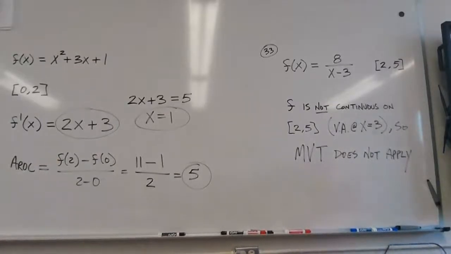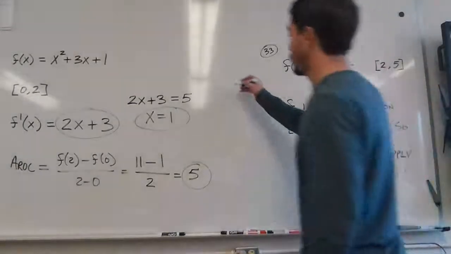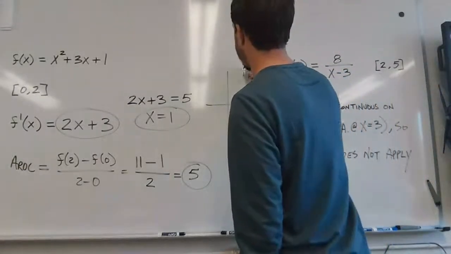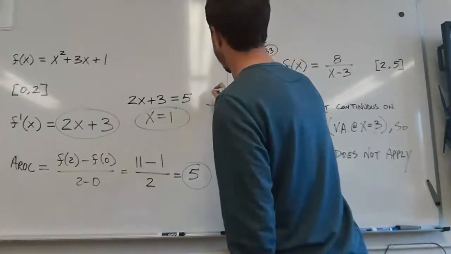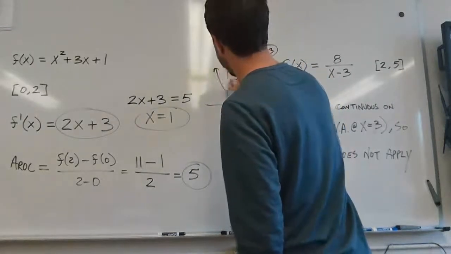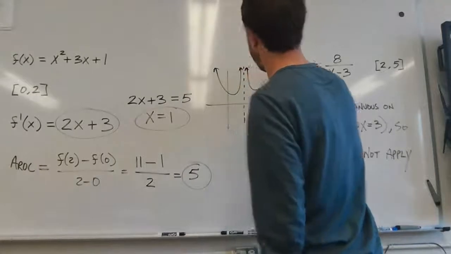Now, might there be some x value between 2 and 5? It's possible, sure. A function could have a vertical asymptote at 3, and it could look like this.